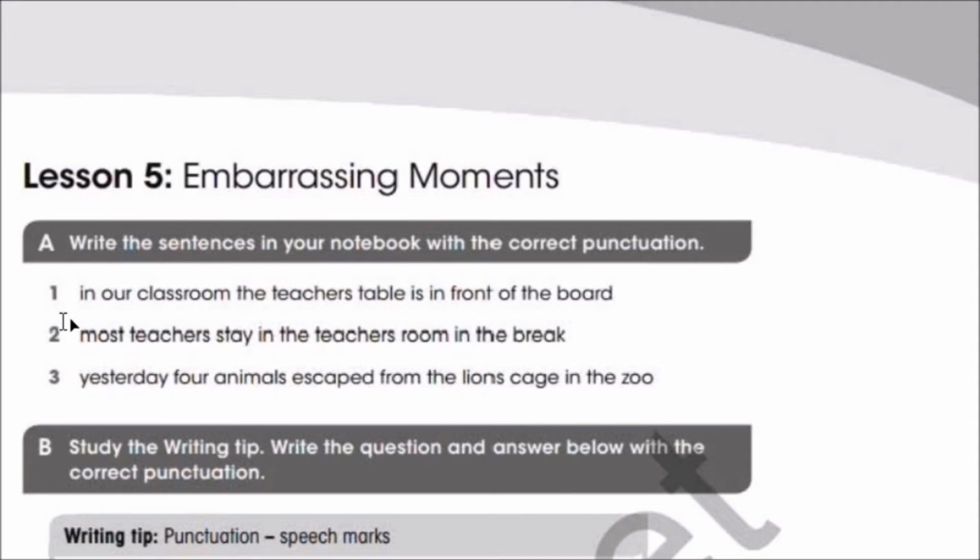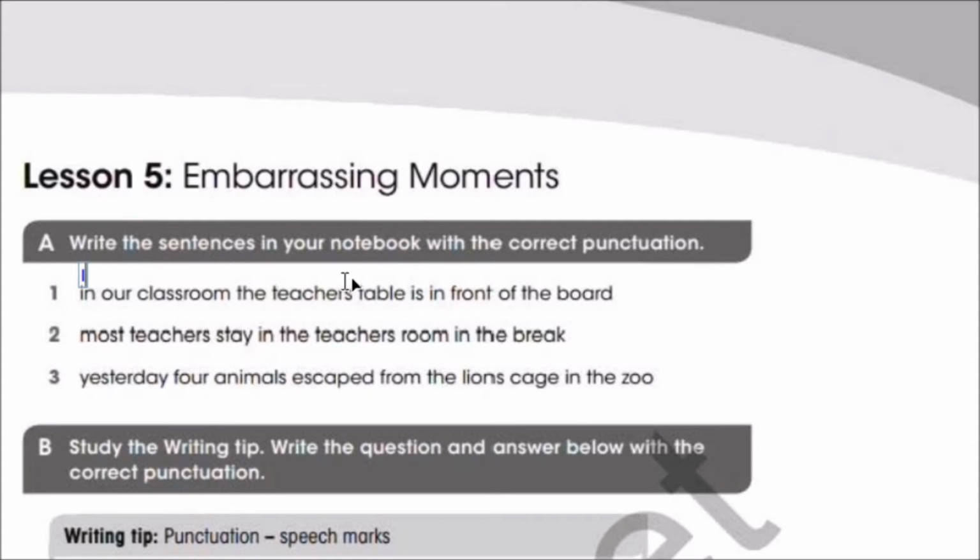Number 1. In our classroom, the teacher's table is in front of the board. What do you think we changed in this sentence? Very good. As a start, we have a capital I here in the word "in" because it's at the beginning of the sentence.